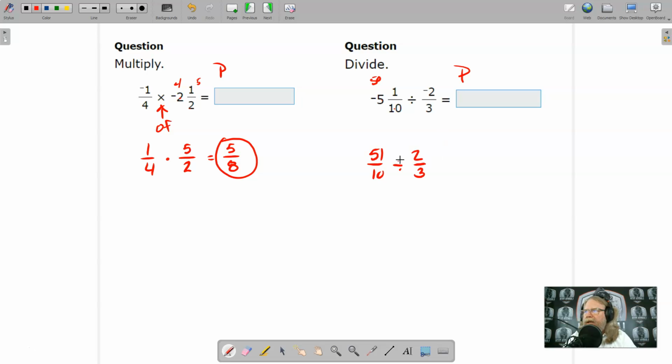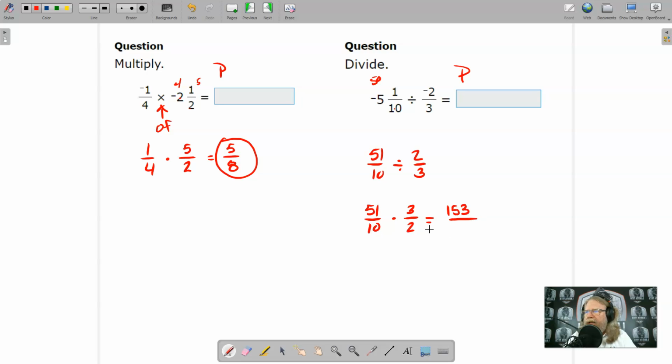We already dealt with the negative sign by realizing that negative times negative is positive. So let's keep the first, 51 over 10. Let's flip the second, 3 over 2. And let's change the sign. Wow, nothing's canceling out. Okay, I'm going to have to deal with this, I guess. 51 times 3 is 153.